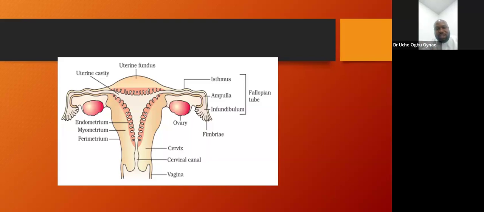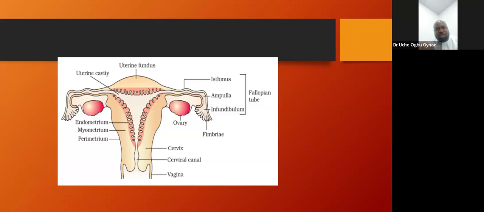So it is this endometrium that grows gradually, starting from the end of your flow. For example, when you have an average flow of 4 days, and you start shedding, let's say at the 4th day, from the fifth day it starts growing gradually. When you have a 28-day cycle, to day 27, and there is no pregnancy, from day 28 it starts shedding.